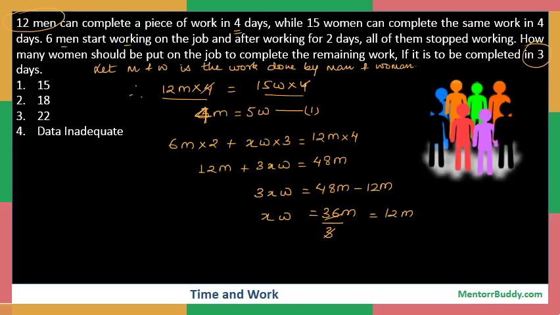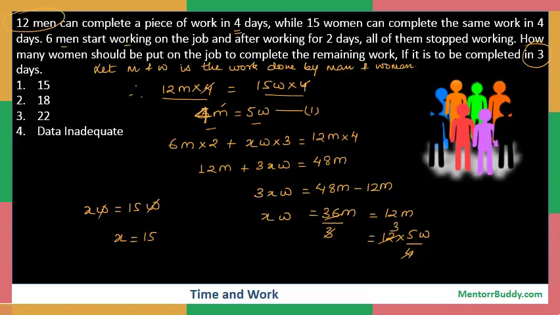Now since we know that 4M is equal to 5W, if I replace the value of M with 5W by 4, I'll be getting 4 3s are 12, and W gets cancelled, so I can rewrite it as xW is equal to 15 times of W, and when W gets cancelled I get the value of x as 15.